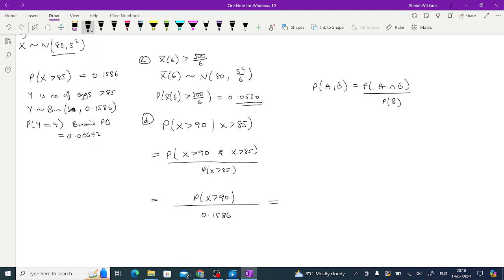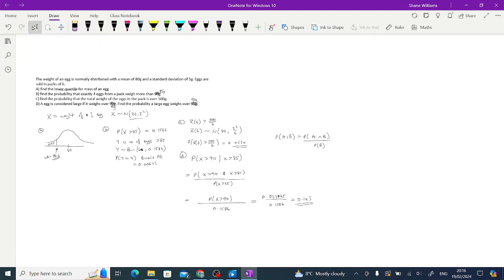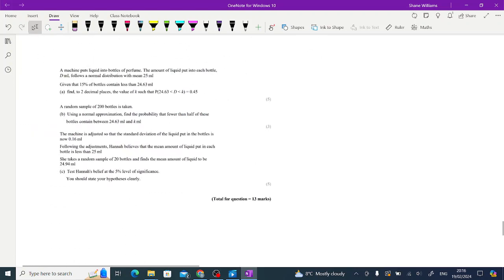And the probability of being greater than 90, I can look up by doing a normal CD, and I get 0.02275 over 0.1586, which is 0.143. So it's quite typical to have these questions where they combine different bits of the normal distribution, especially with a binomial or a conditional probability.